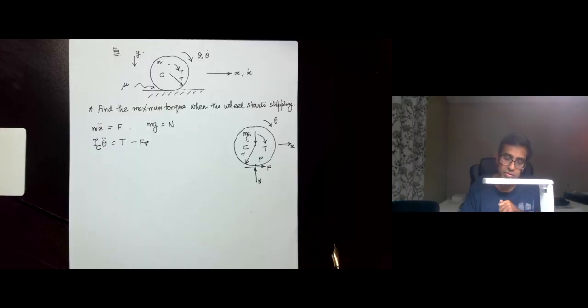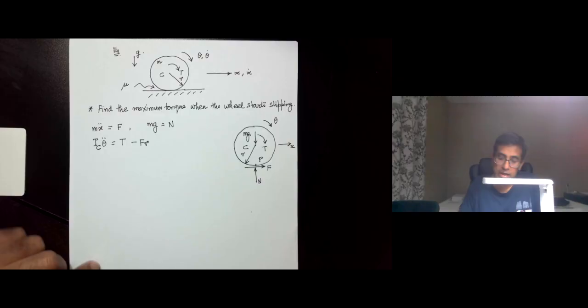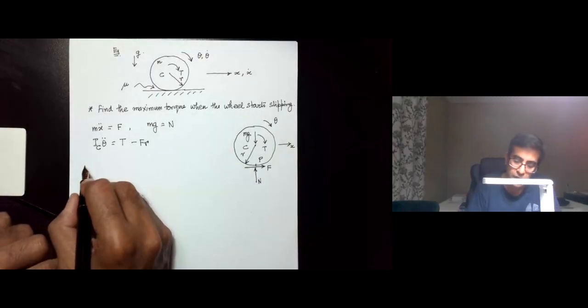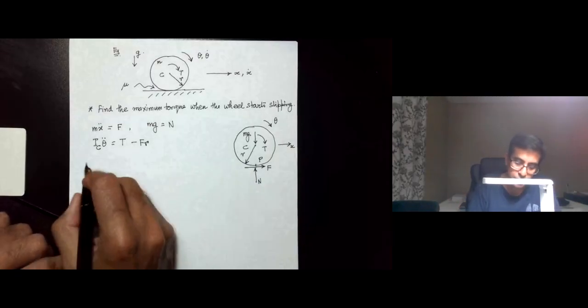Now there are two ways to solve this problem. One is to assume that the wheel is rolling without slipping, then derive the equations and then impose the condition when the rolling without slipping just gets violated. We'll take that first approach, and then we will go over a second approach.